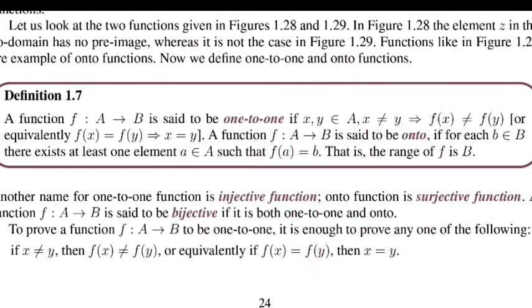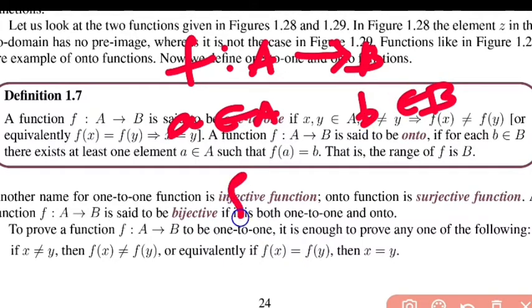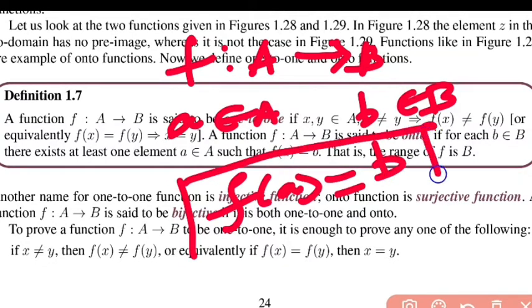Okay, next onto function. In onto function, same f from A to B, small a belongs to A and small b belongs to B, then f of a equal to b, where B is the range. Okay, so all the values should come in the range B. So if f of a equal to b comes, it's an onto function.